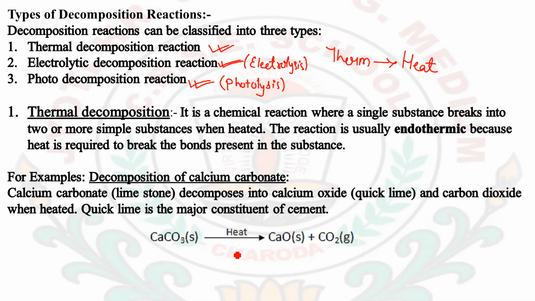It means when a decomposition reaction occurs due to the action of heat, then it is termed a thermal decomposition reaction. And here you can see that we are providing heat. The heat is being given to the reactant, which means it is absorbed by the reactant.